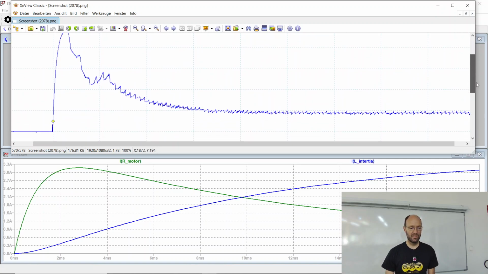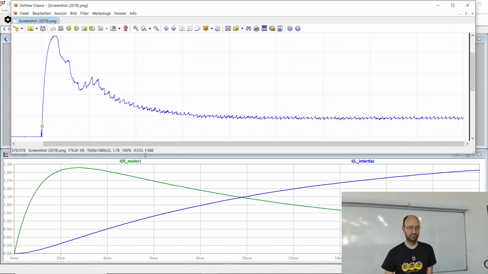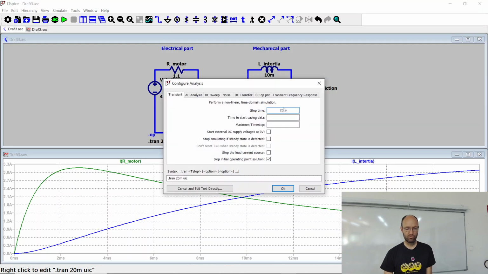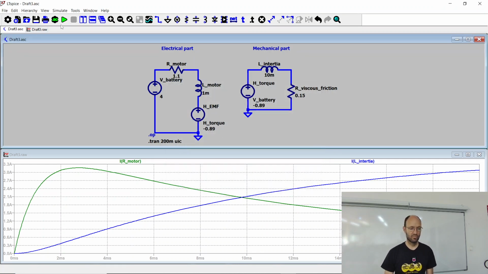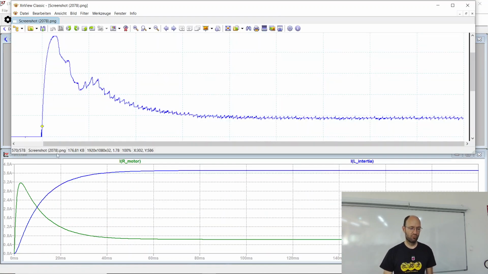So the total range that we then simulated was 200 milliseconds. So I will go back to my simulator and change the time from 20 to 200 milliseconds. And resimulate once again. Well, we can see, okay, it's looking pretty similar.